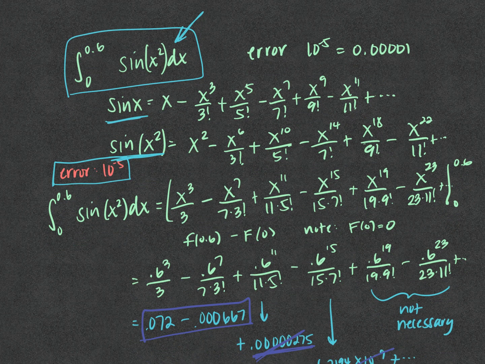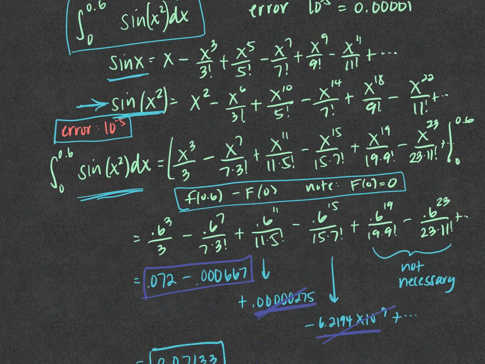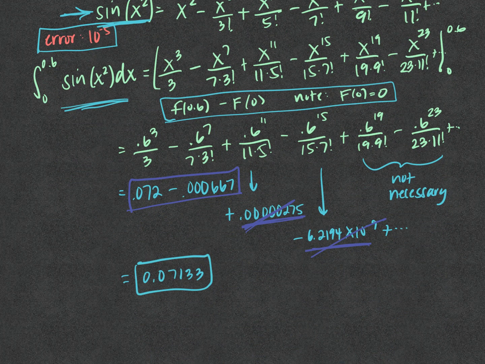And then list out those terms here. See how we list out those terms? And then when you integrate, just integrate each term by x. And then as usual, we evaluate using bounds. And we throw out values that are smaller than the error, based on a theorem earlier in the chapter.